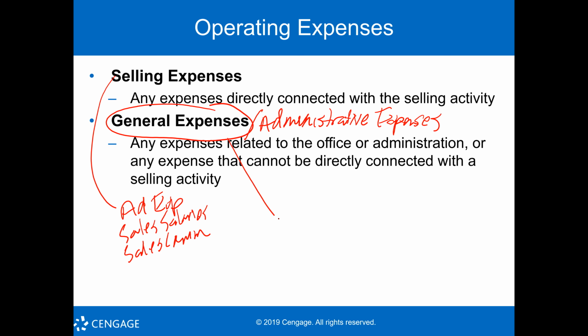General expenses, this would be like rent expense, supplies expense, office salaries expense, right? Just to name a few. So selling expenses are connected to the selling activity. General expenses or administrative expenses are any expenses related to the office or administration, or any expense that cannot be directly connected with the selling activity.